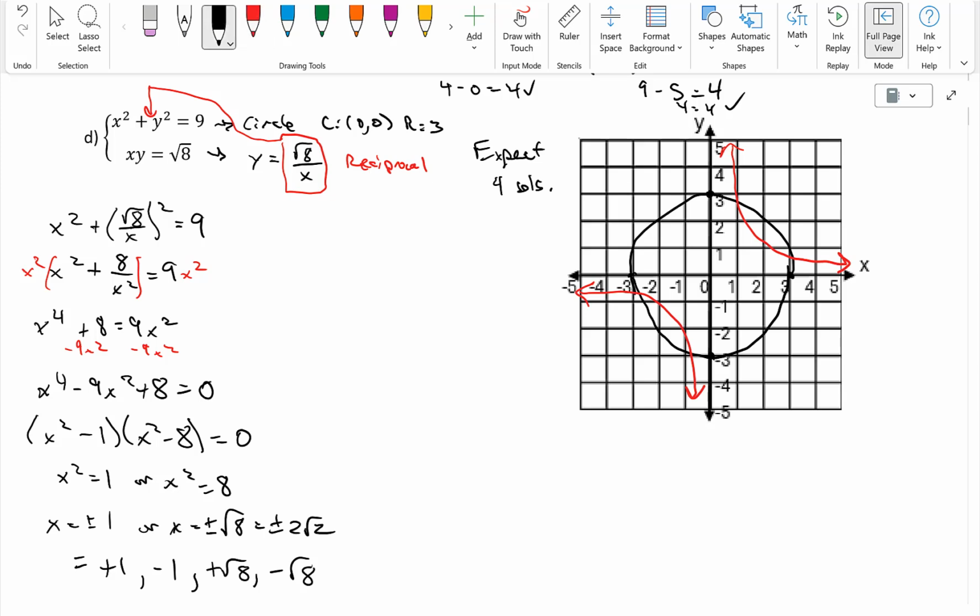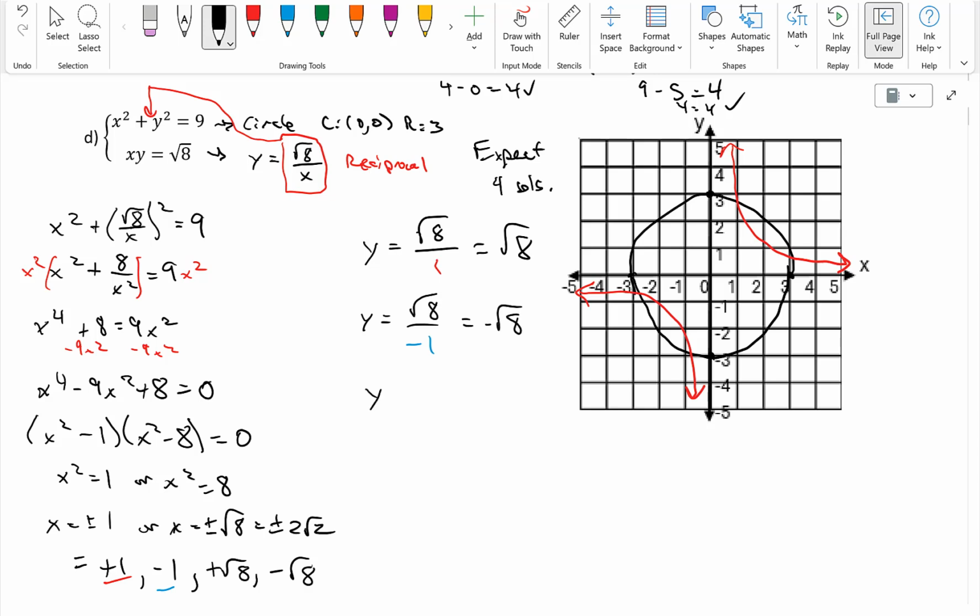So for the first one, I have y equals, I already solved for it there, the square root of 8 over positive 1, which just gives me the square root of 8. For the second, I've got y equals the square root of 8 over -1, which will just give me minus the square root of 8.